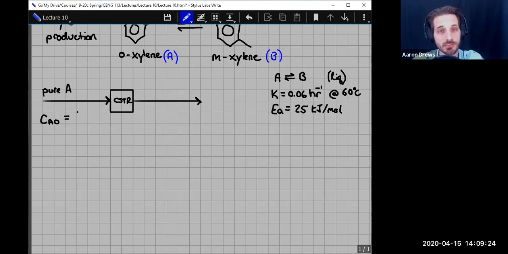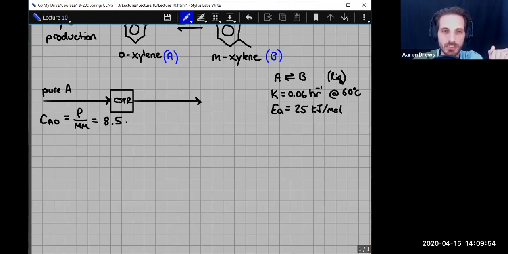If you know it's pure and it's a real substance, like orthoxylene, inlet concentrations can always be estimated as the density divided by the molar mass. If you can look up the concentration of pure water, you can write the molar concentration. It's not like we just make these numbers up. It's just density divided by molar mass. Usually we don't need that kind of equation, but every once in a while we do.